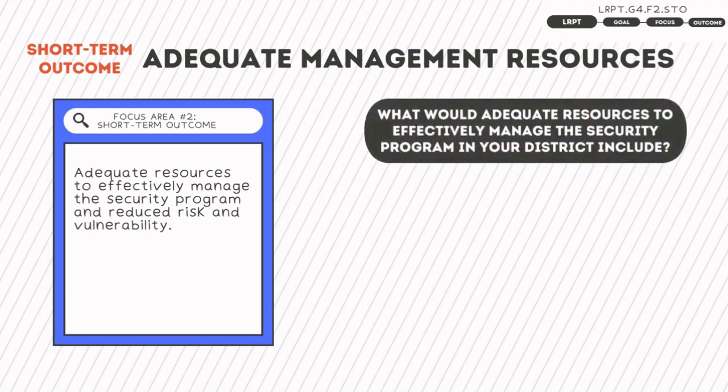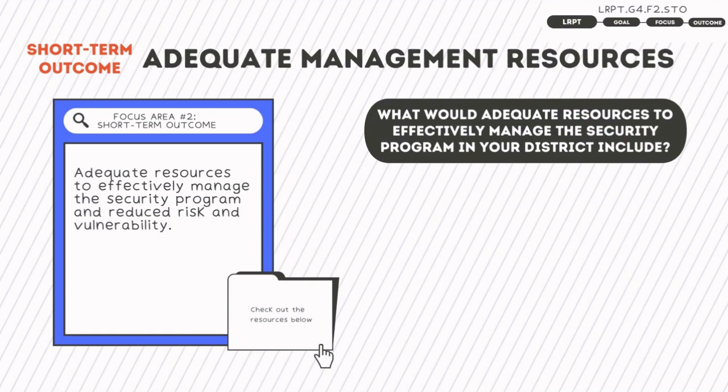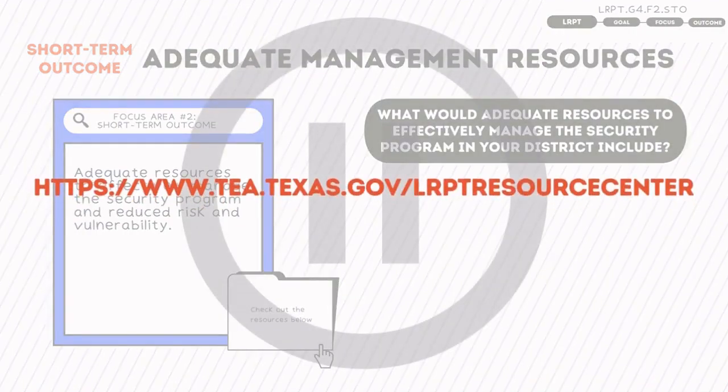Based on the concepts we've discussed so far, what would adequate resources to effectively manage the security program in your district include? How would you use what we've outlined here and customize them for your district? Check out the resources below for more information on having adequate management resources. Pause the video here to reflect on what this would look like in your workbook.